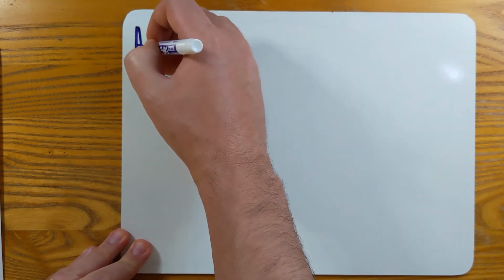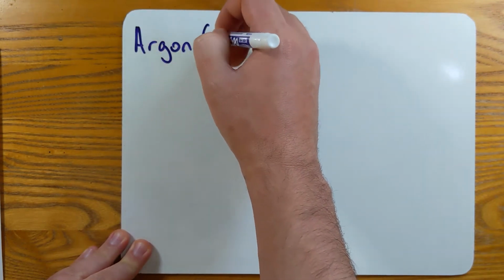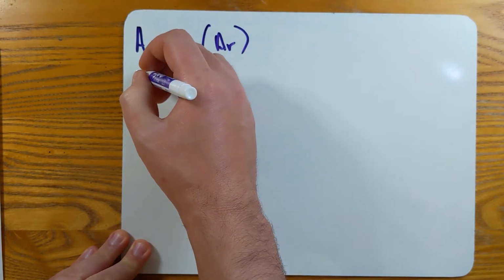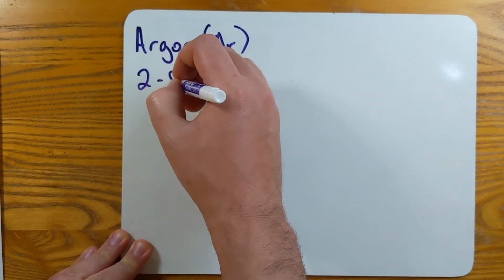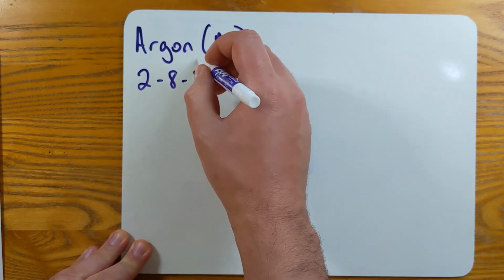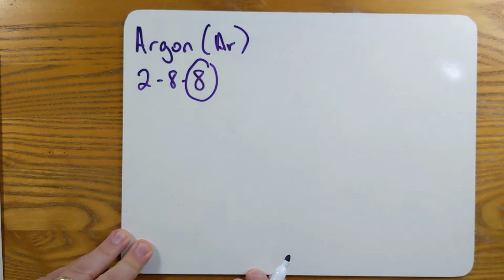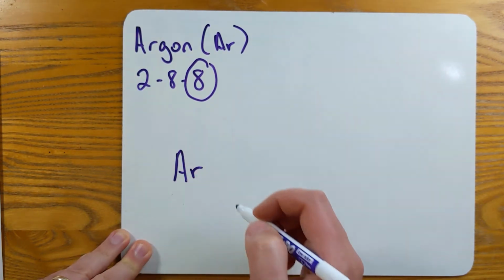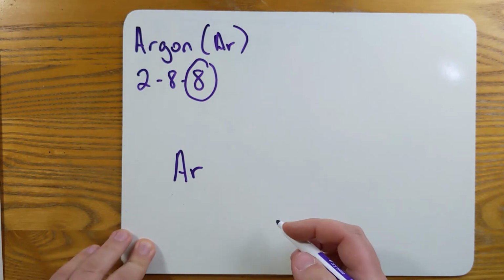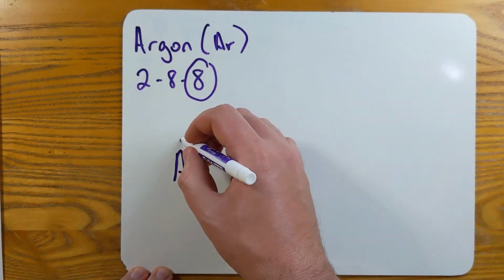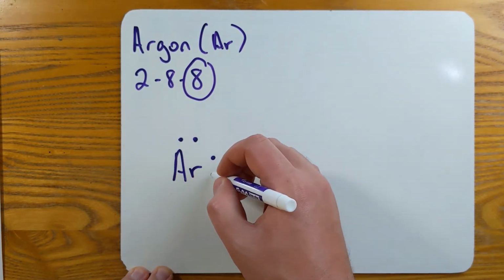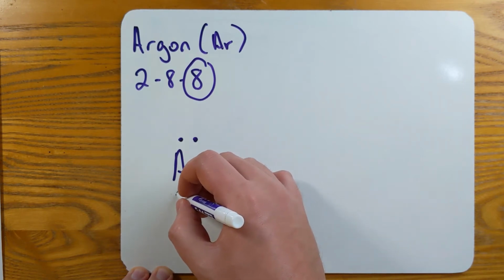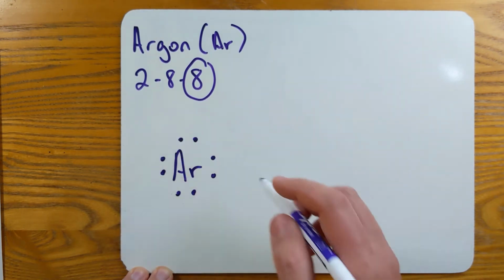So argon, Ar, electron configuration 2-8-8. I just need the very last number. Those are my valence electrons. So I draw the symbol Ar, and then I'm going to draw 8 electrons or 8 dots around it. 1, 2, 3, 4, 5, 6, 7, 8.